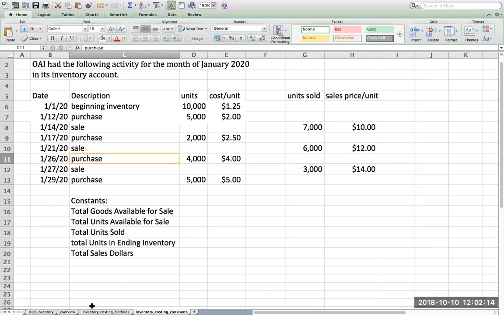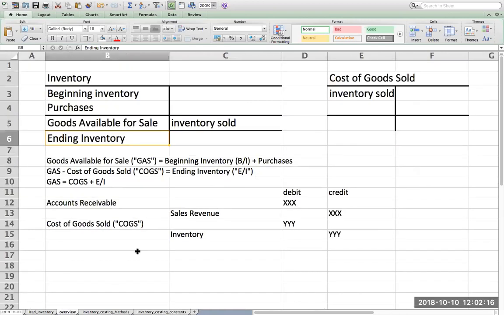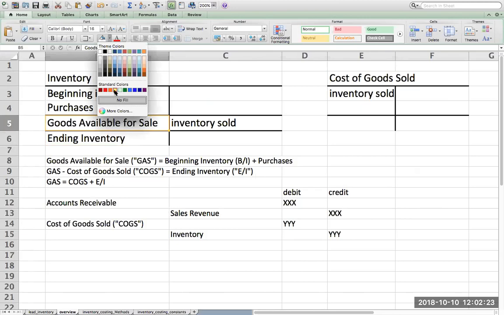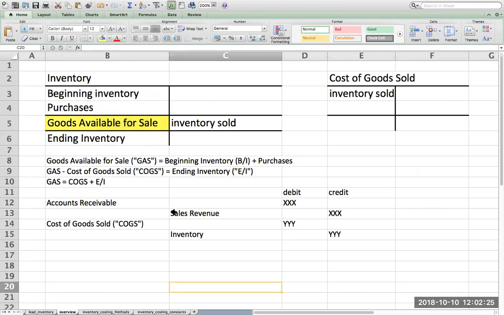Now, when we're looking at this overview, as far as goods available for sale, this number is always going to be the same no matter what method we choose to use. Okay, very, very important. Goods available for sale, no matter what method we choose, will always be the same.